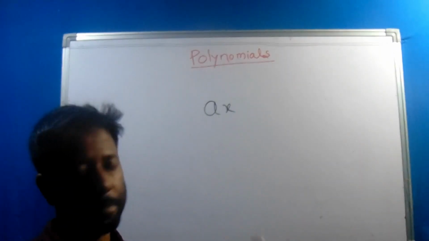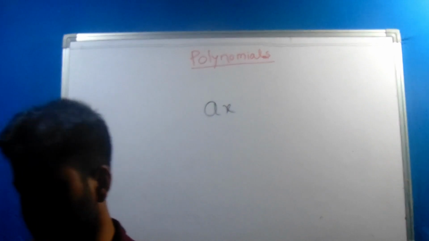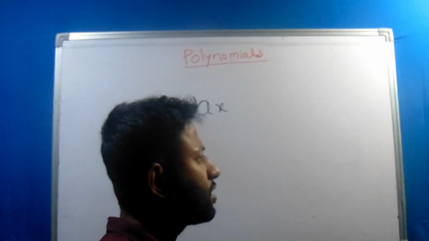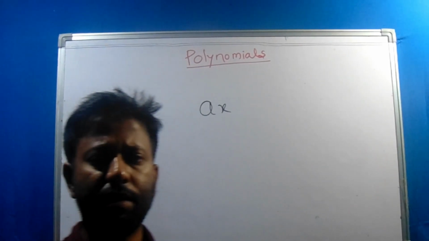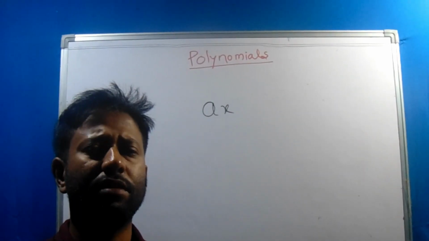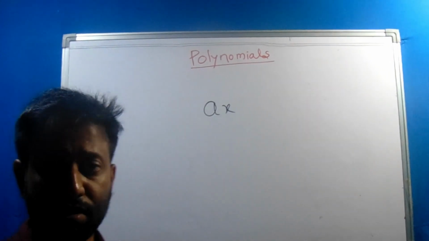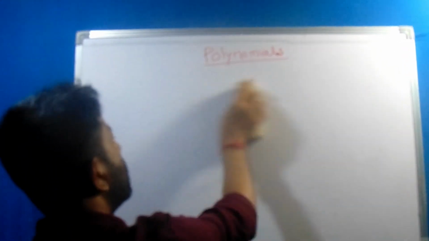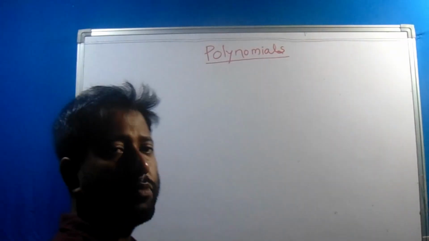This chapter starts with this polynomial, and this polynomial consists of a one variable polynomial, two variable polynomials, and what we will deal in this chapter specially. First, one variable polynomial. What is one variable polynomial? Before that, I've started with polynomial.